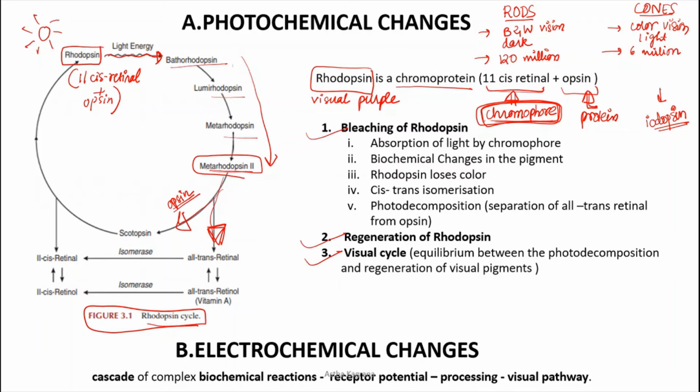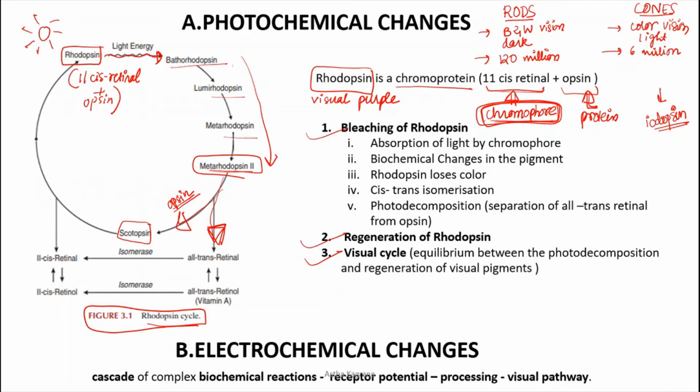This particular step is known as photodecomposition, from where all-trans retinal is separated from the opsin protein. And this opsin protein is then known as scotopsin. Scoto means dark, so this particular pigment is known as scotopsin.